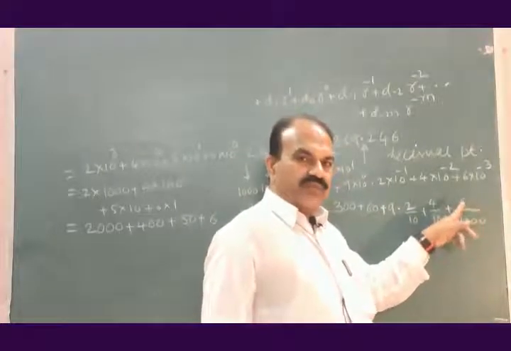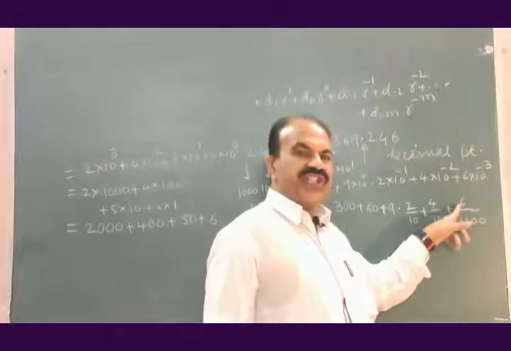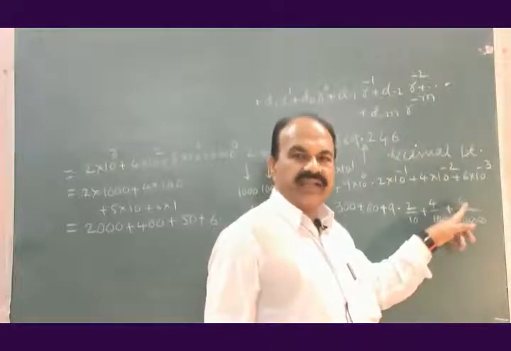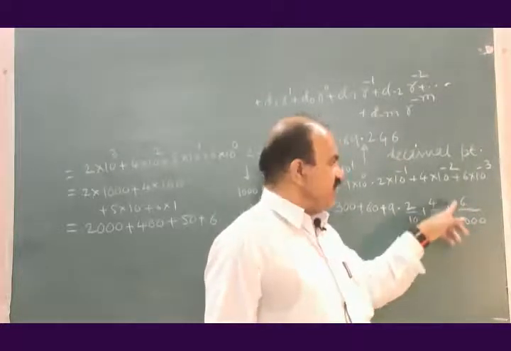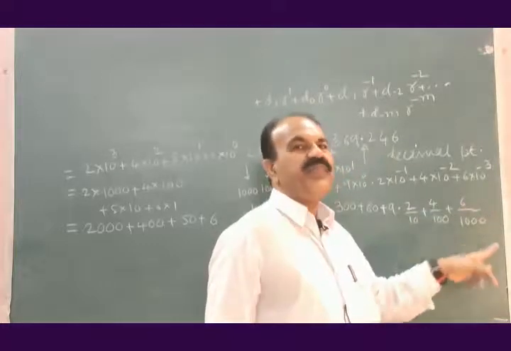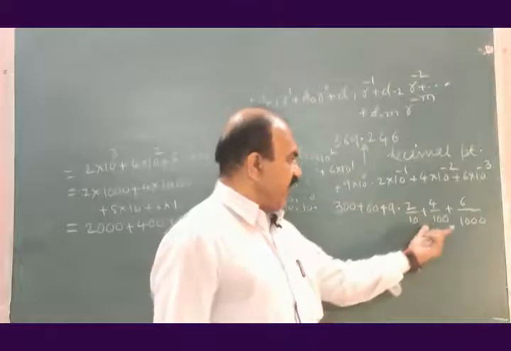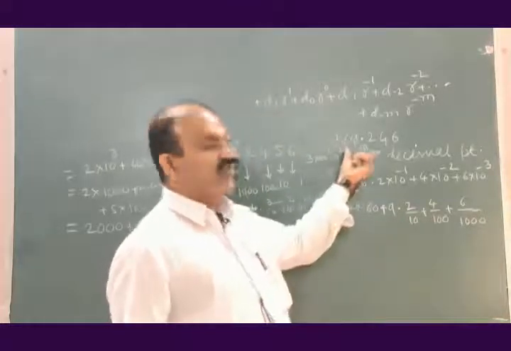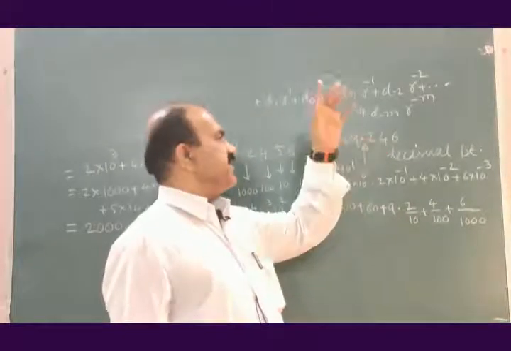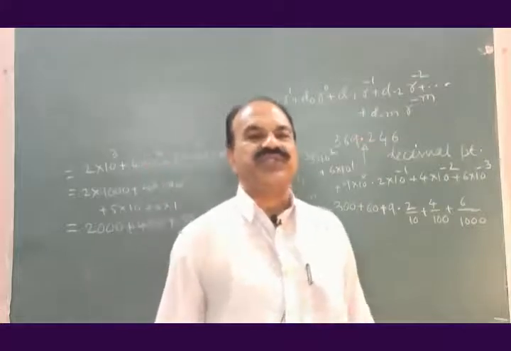The weight of this position is 1 by 1000, so the value of this 6 will be 0.006. When we add all this together, we will get 369.246.